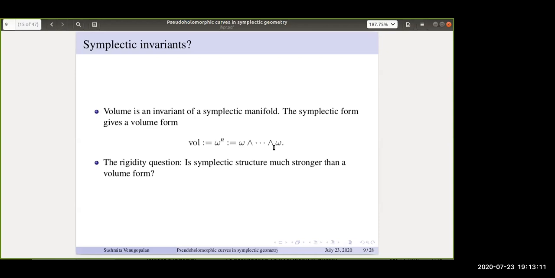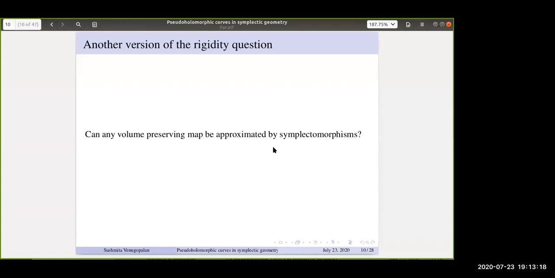Are there more refined invariants than just the volume form? Another version of the rigidity question is: can any volume-preserving map be approximated by symplectomorphisms? If this is true, then that really shows that there is not much going on in symplectic manifolds besides the volume form.